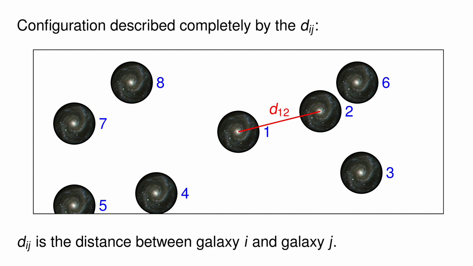Again, in a static universe, all these D_ij, all these distances between pairs of galaxies, would remain constant. And what we've just talked about is that they do not remain constant, but everything changes.